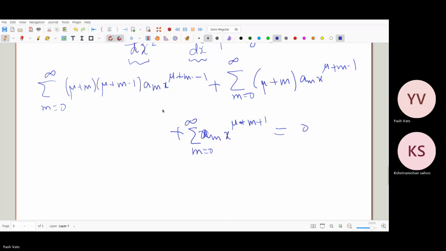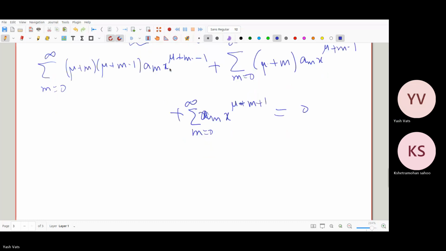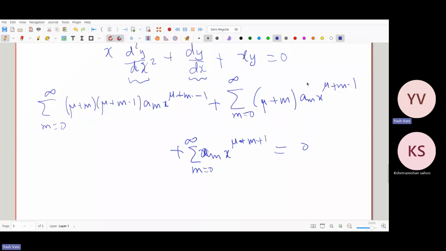Here you have x to the power mu plus m minus 1, and here you have the same thing, and here you have x to the power mu plus m plus 1.